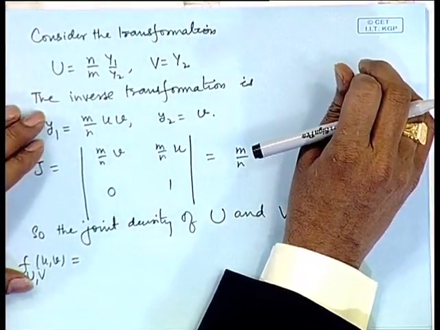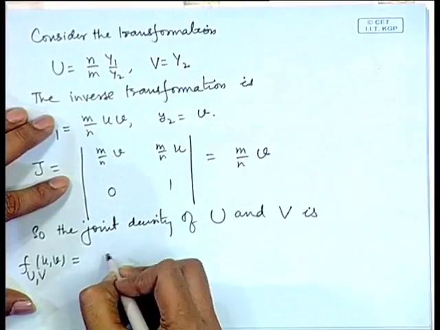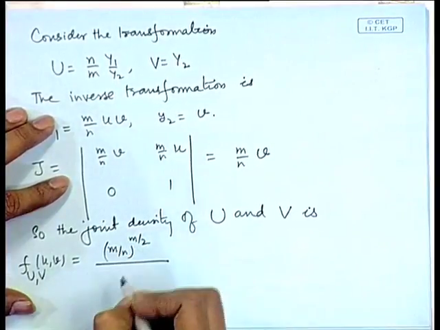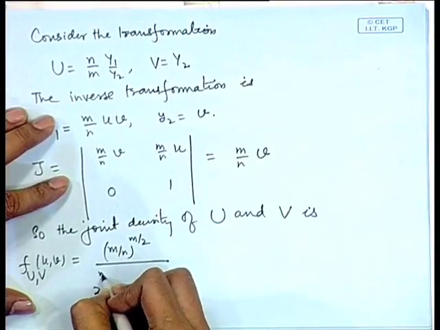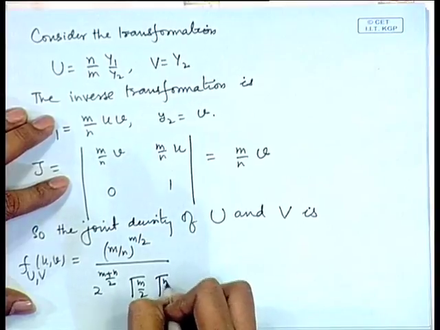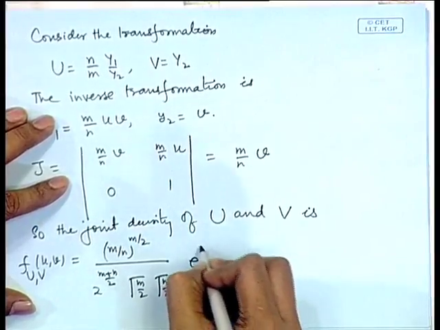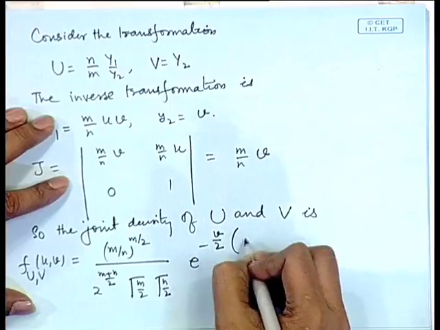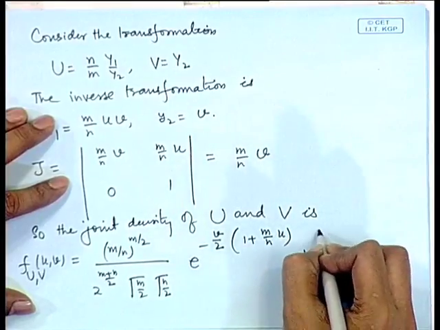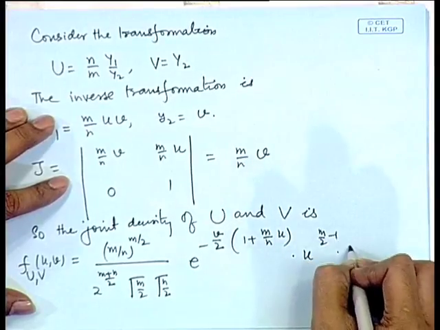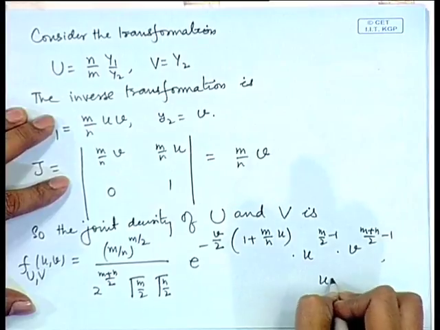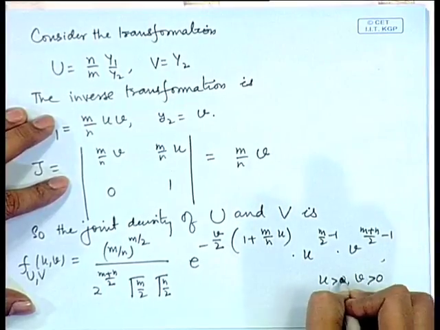After adjustment of the terms we can write it as m by n to the power m by 2 divided by 2 to the power m plus n by 2, gamma m by 2, gamma n by 2, e to the power minus v by 2 times 1 plus m by n u, u to the power m by 2 minus 1, v to the power m plus n by 2 minus 1, where u and v are positive variables.